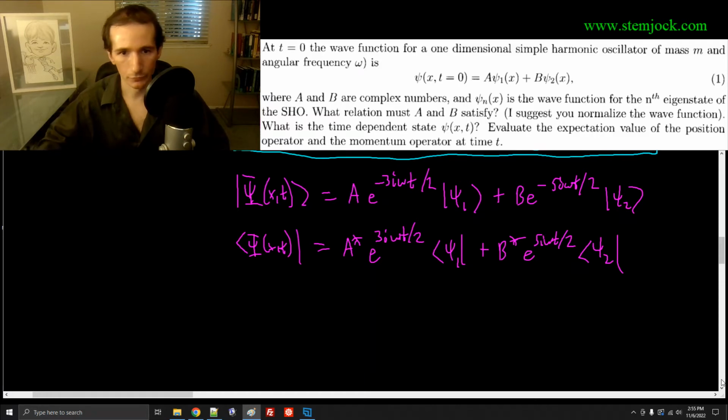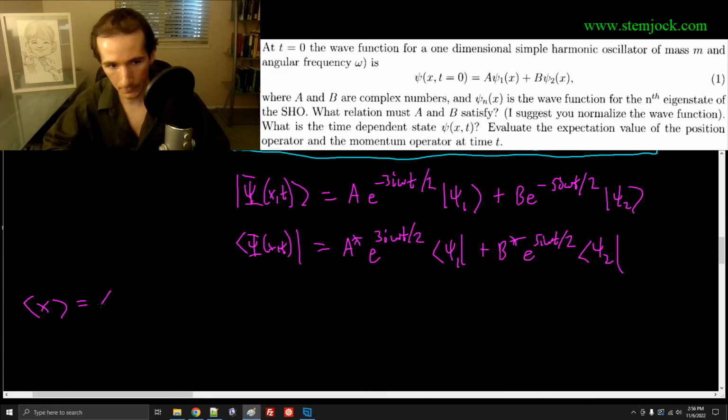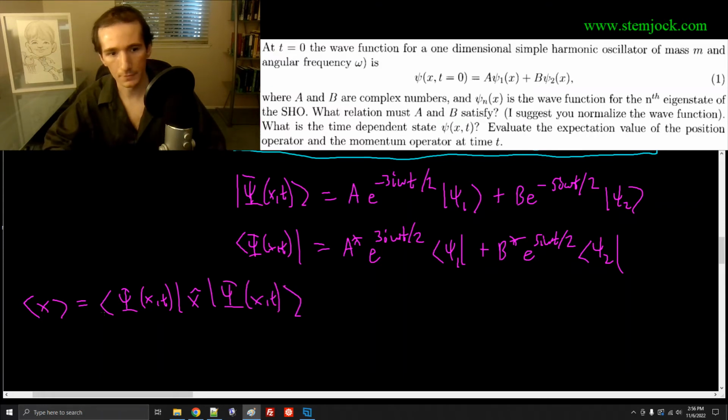So why are we doing this? That's because when we go to calculate the expectation value of the position operator at time t, this is important. This is how we evaluate the expectation value.